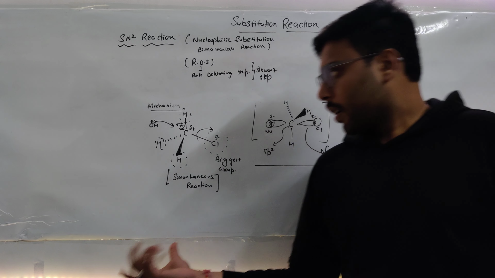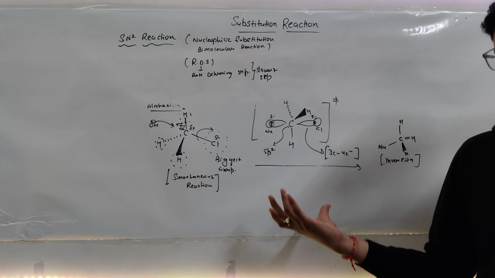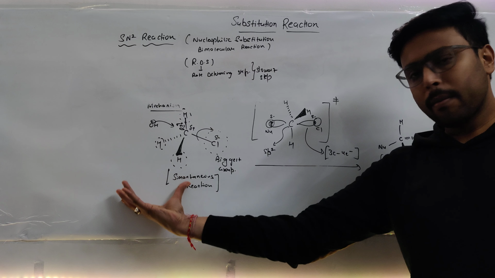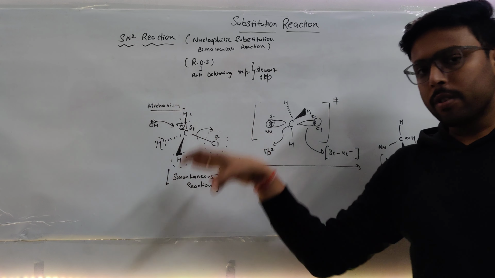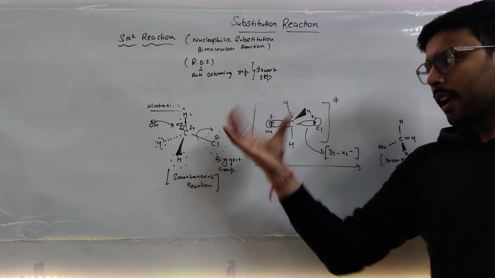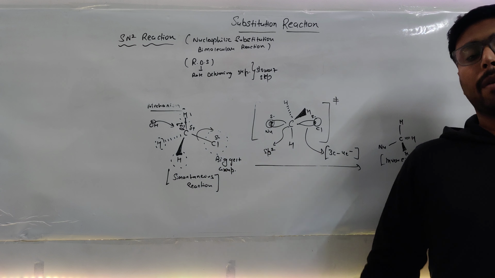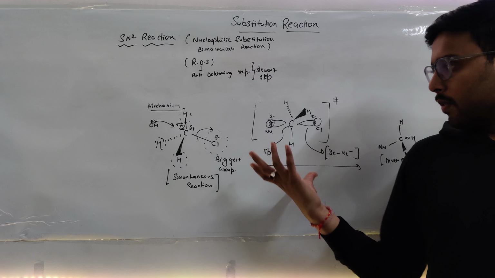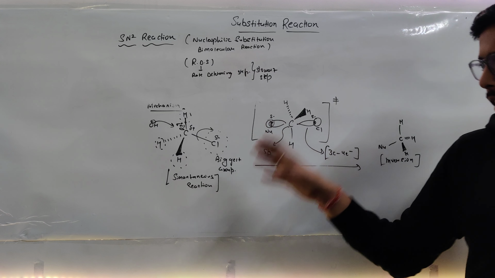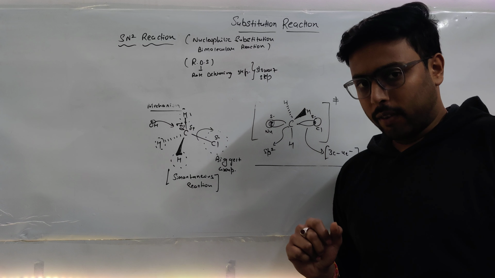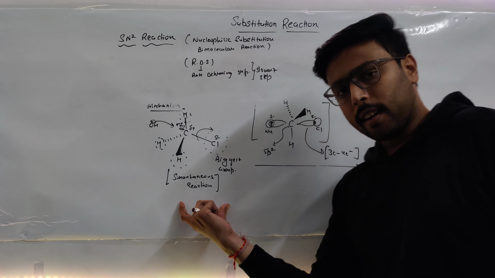Because you are going from a stable to an unstable state. This is a stable reactant, and when the nucleophile approaches it, there is electron density, and the hybrid one is converted into the unhybrid one. So in the transition state we are getting the RDS. In the RDS there are two things we are seeing: first the nucleophile, and the alkyl halide.